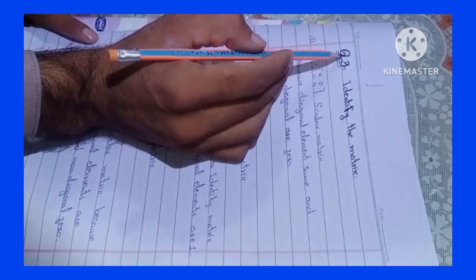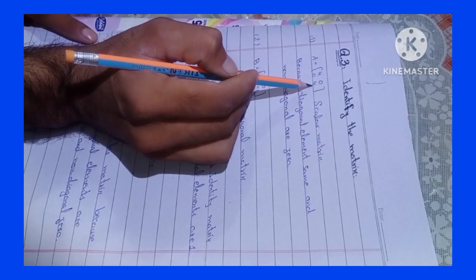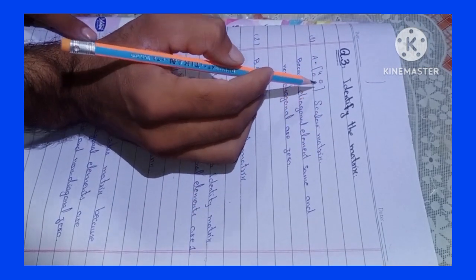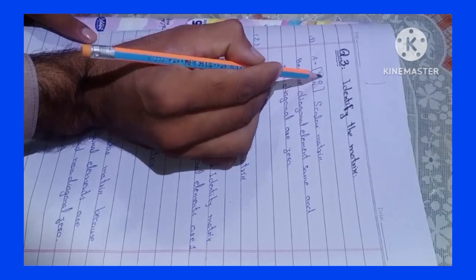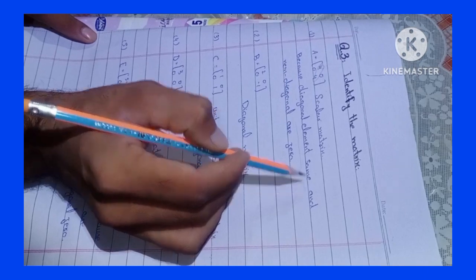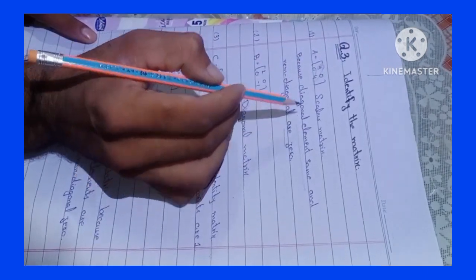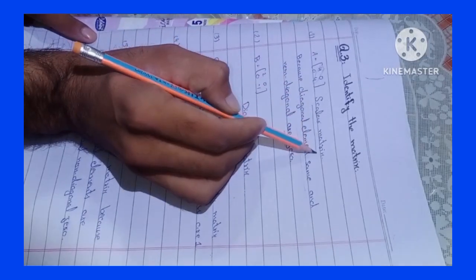Question number three is: identify the following matrices. Matrix A is 4, 0, 0, 4. Its diagonal entries are the same and non-diagonal elements are 0. These are called scalar matrices.